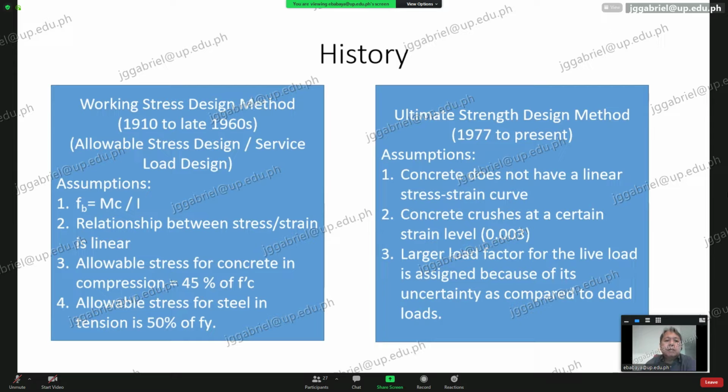it says here from 1910 to the late 60s, we used allowable stress design or service load design. Okay.